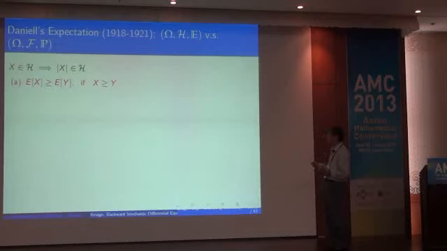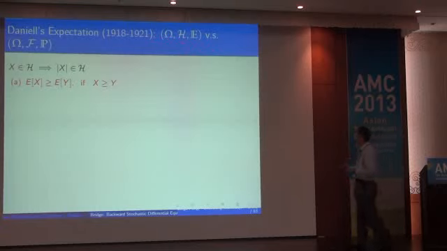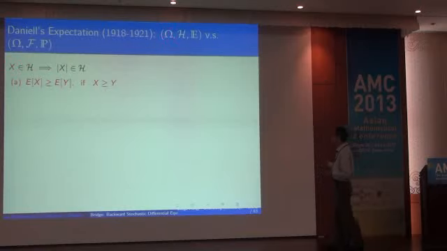Daniel gives such a so-called linear expectation space, or Daniel integral space, in which we have a random variable, which is a real function defined on omega. Omega is a domain.